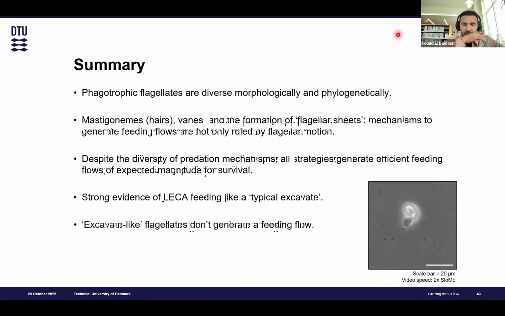I had a similar question, but I think you already answered it. Do you think they can use these flagella or appendages to form clusters in natural environments? No. I only know from my observations of cultures in the lab.